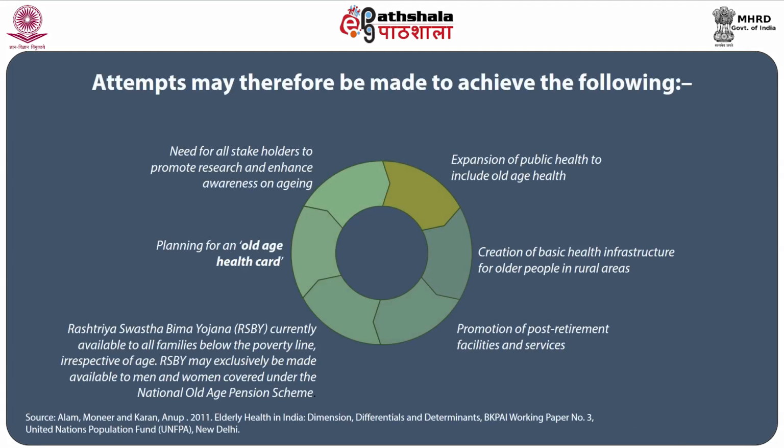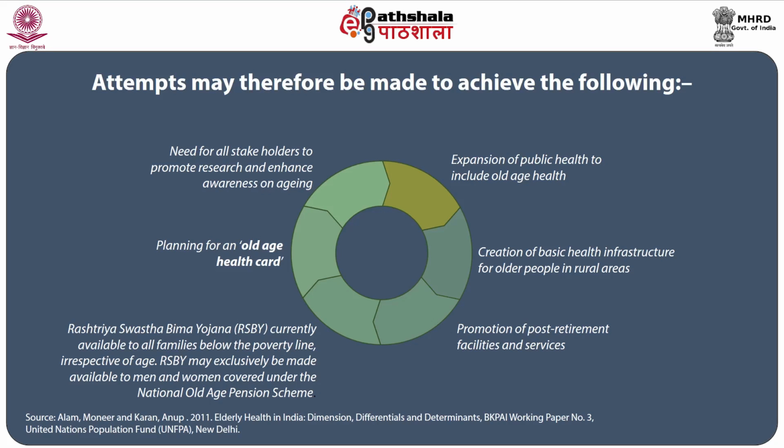What are the attempts required to achieve the health status of the people? We need to expand public health to include aging health issues. Creation of basic health infrastructure for older people in villages, rural areas and smaller towns is something we need to implement on a priority basis.